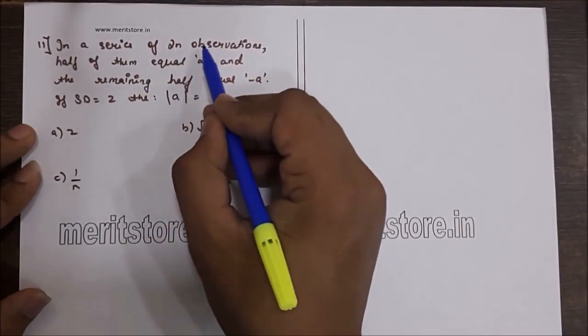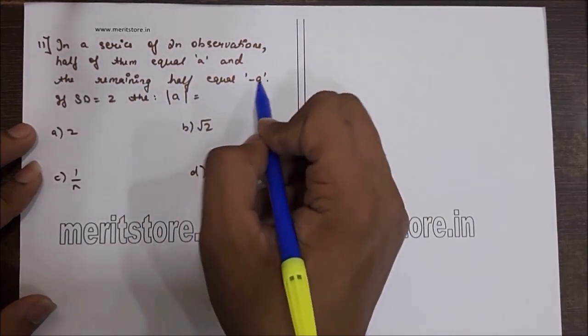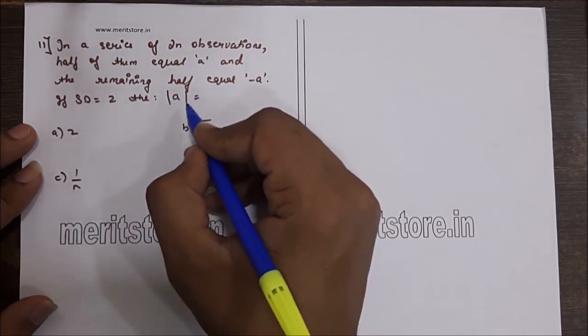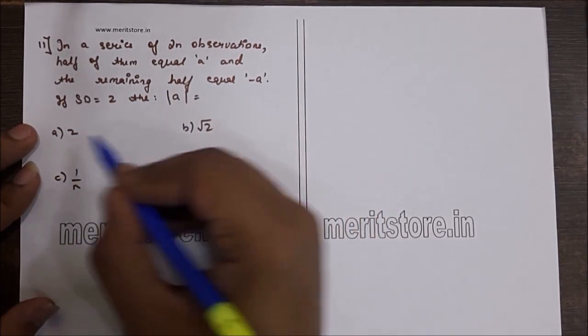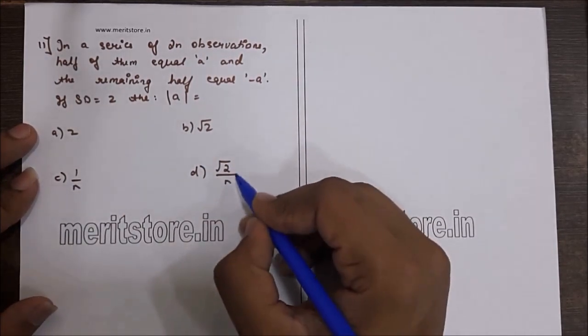In a series of 2n observations, half of them equal A and the remaining half equal minus A. If SD is equal to 2, then mod of A is equal to: option A 2, option B root 2, option C 1 by n, option D root 2 upon n.